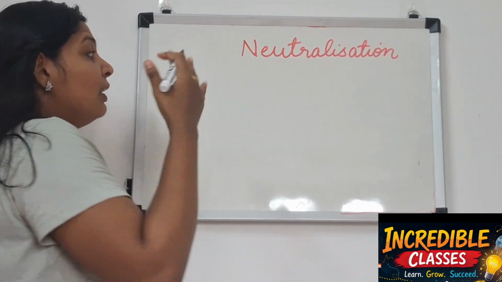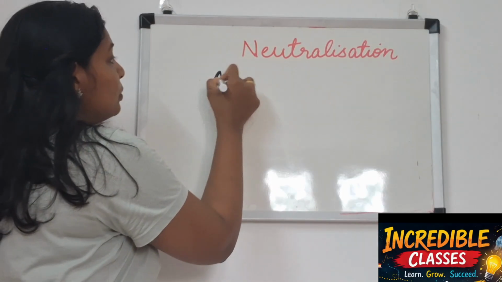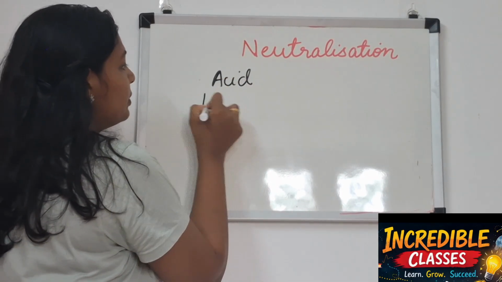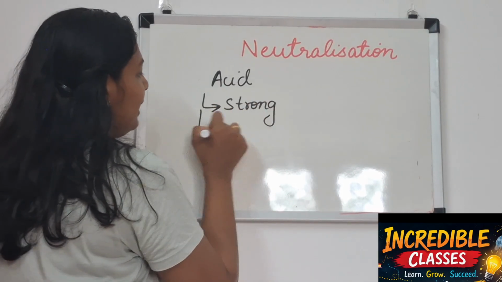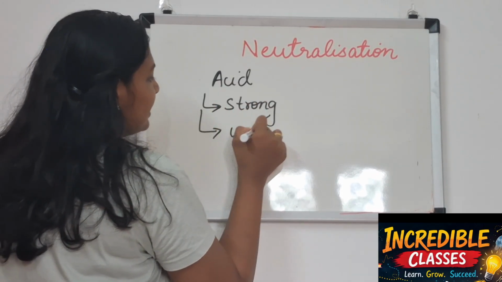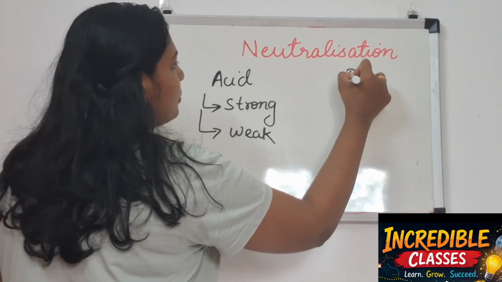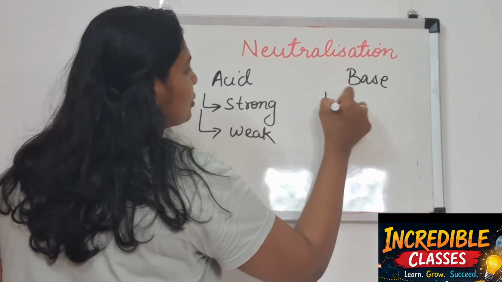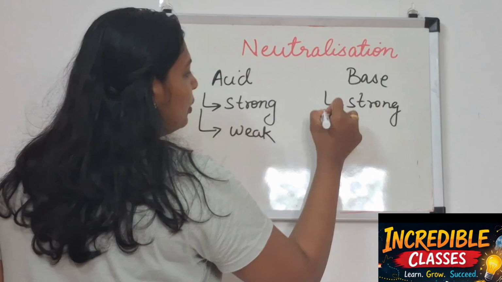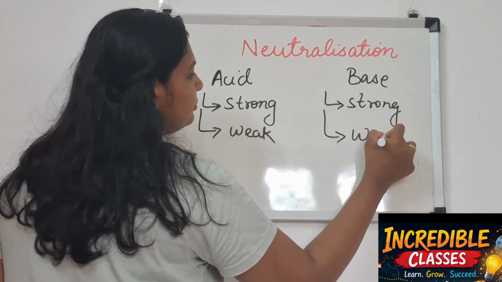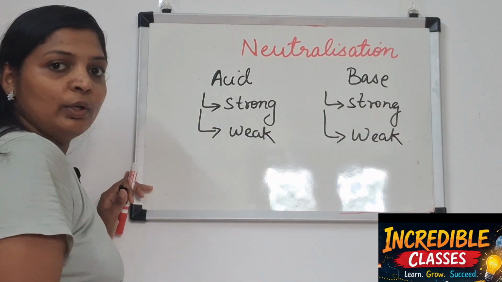But acids are also of two types: strong acid and weak acid. Bases we also have: strong base, weak base.